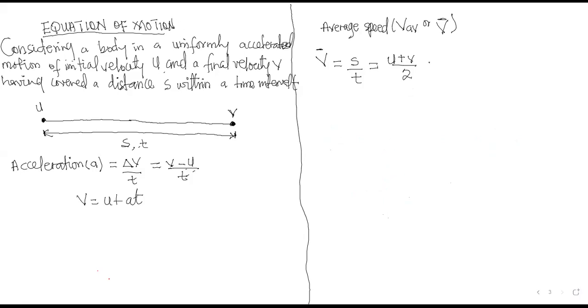Okay. So since S over T is equal to U plus V over 2, when you make S the subject, you have U plus V over 2 times T. To derive equations 2 and 3, this is all that you need.